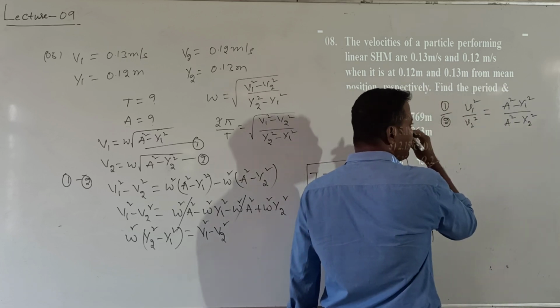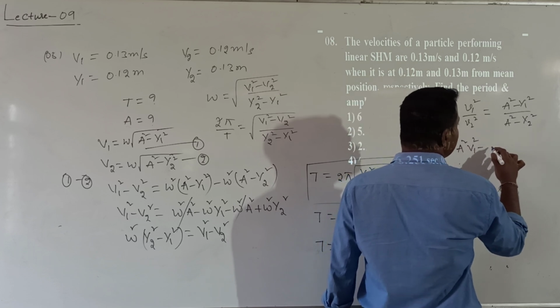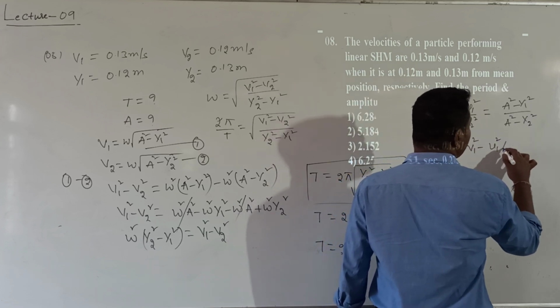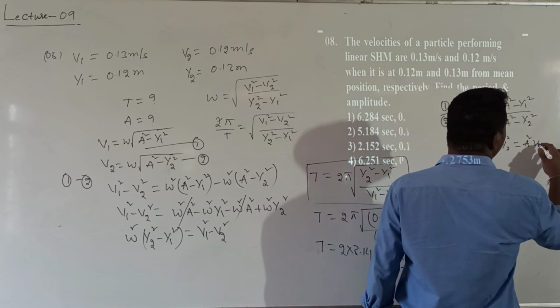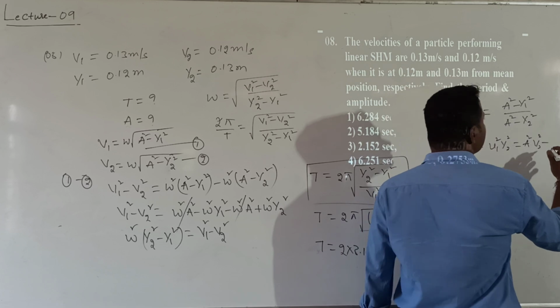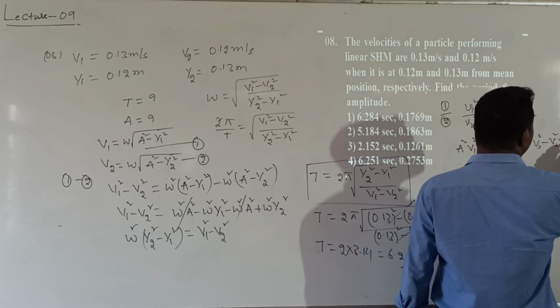Cross multiply: a square into v1 square minus v1 square into y2 square is equal to a square into v2 square minus v2 square into y1 square.